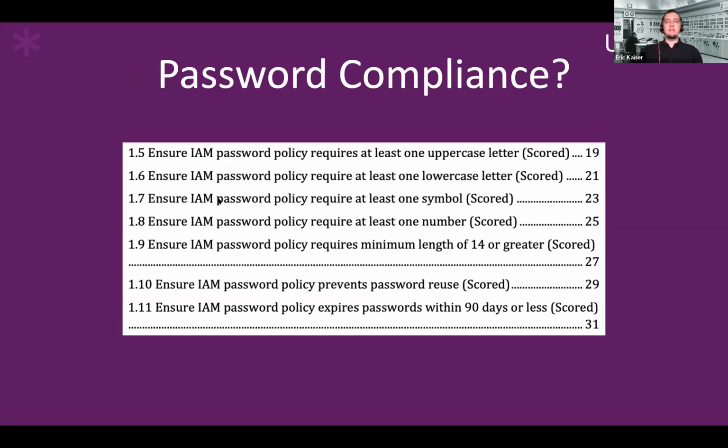How about password compliance? Do you know if your AWS IAM users and roles, if your IAM password policy is set up correctly? If you are connecting multiple accounts to AWS, you can query across them to make sure that your password policy is set properly in all of the regions that you have oversight or purview over.